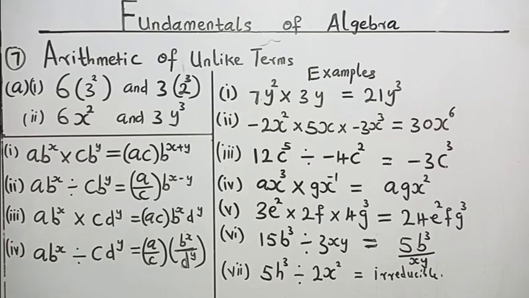Based on that, it falls in the category of this first one. This first law tells us that when multiplying two unlike terms in which the symbol is the same, but the powers might differ, this is how to go about it. This is how to simplify the process.